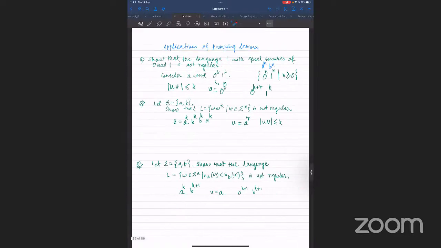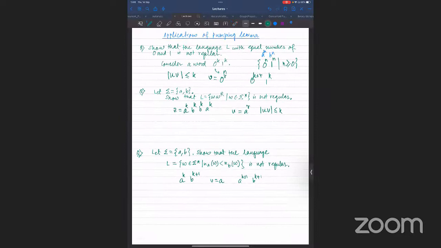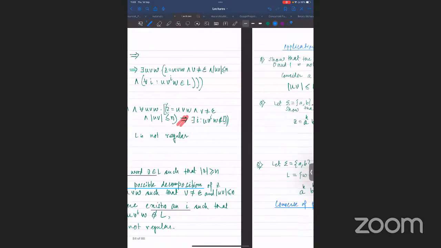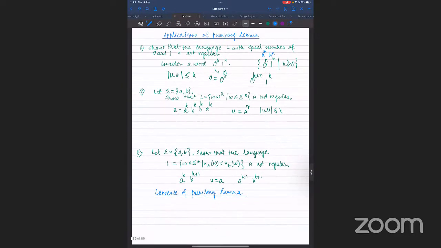So what is the converse question? The converse of the pumping lemma. It's not the contrapositive, right? It's the converse.